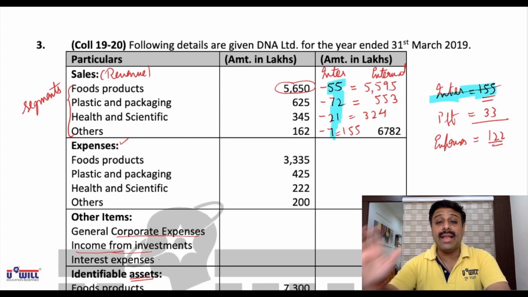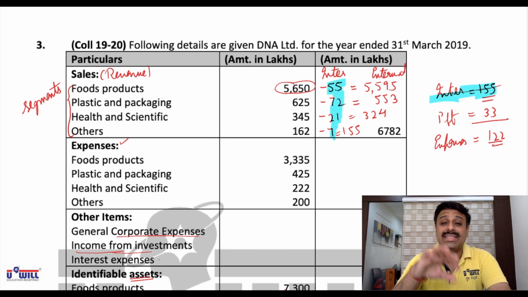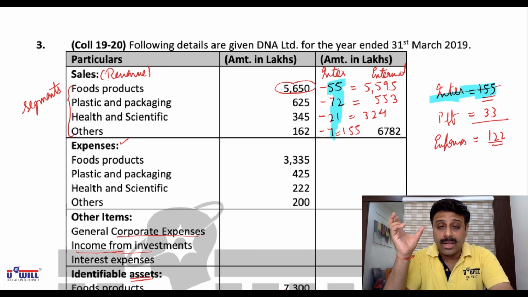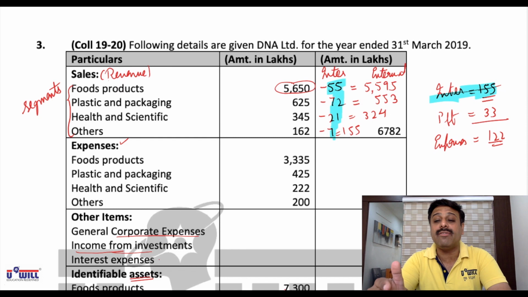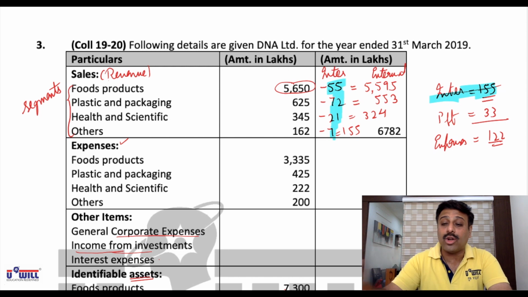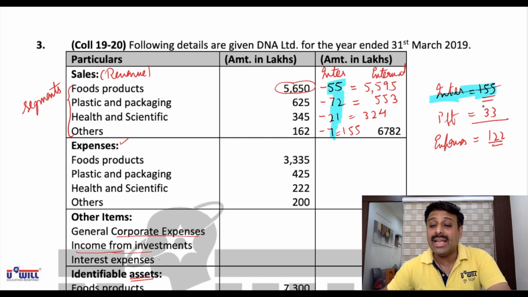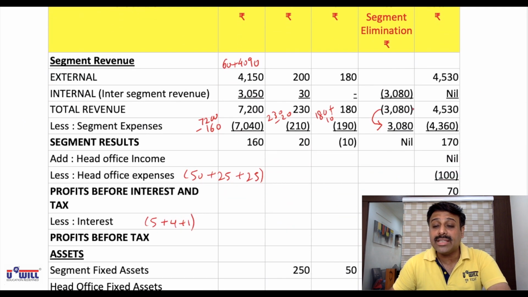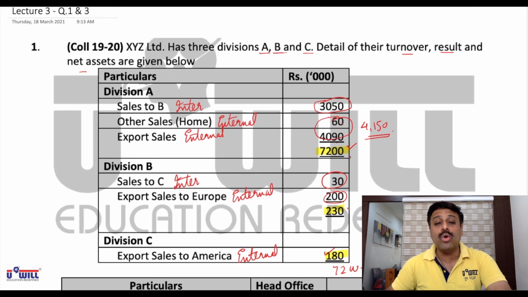So here, like that example I gave you, that 900 shirt one segment sends to another segment at 1200. So in revenue we will include 1200, in expense we will include 900, and in profit we will eliminate 300. Same way here we will do. In revenue we will include 155, in expense or cost we will include 122, and from profit also we will have to eliminate 33. Earlier we assumed that the goods are sent at cost only, so there was no inter-segment profit because no information was given.